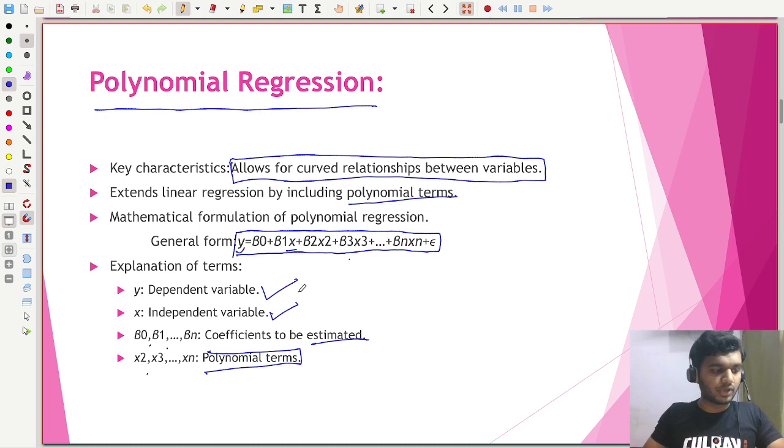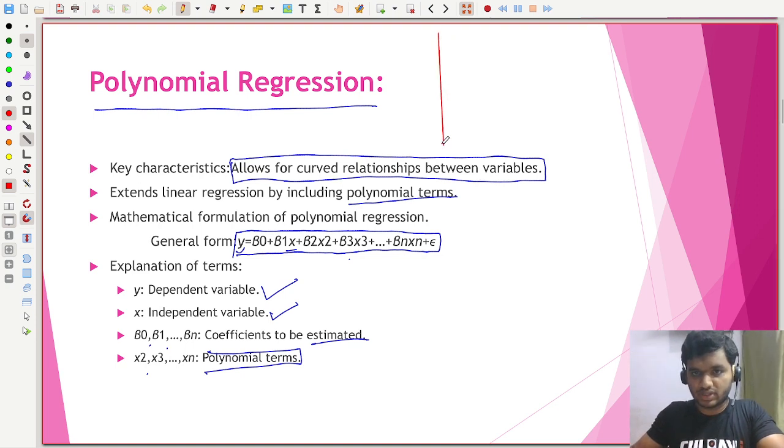In polynomial regression, if you notice, the graph will look like this. You know the graph in linear regression, but in polynomial regression the graph is like this.